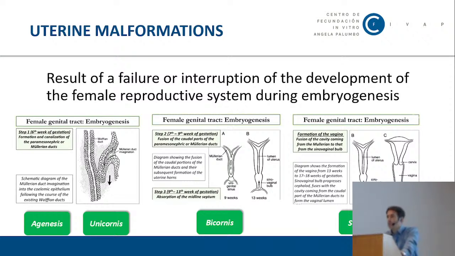If the failure occurs at 7 or 9 weeks, it will affect the fusion, so we will have bicornuate uterus. And if the failure occurs from 30 weeks to 18 weeks, it will affect the reabsorption, so we will have septate uterus or septate cervix or septate vagina.